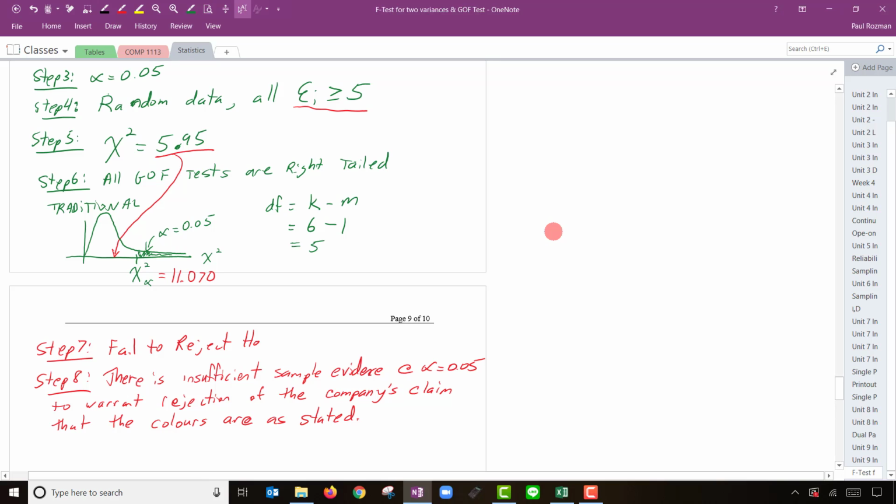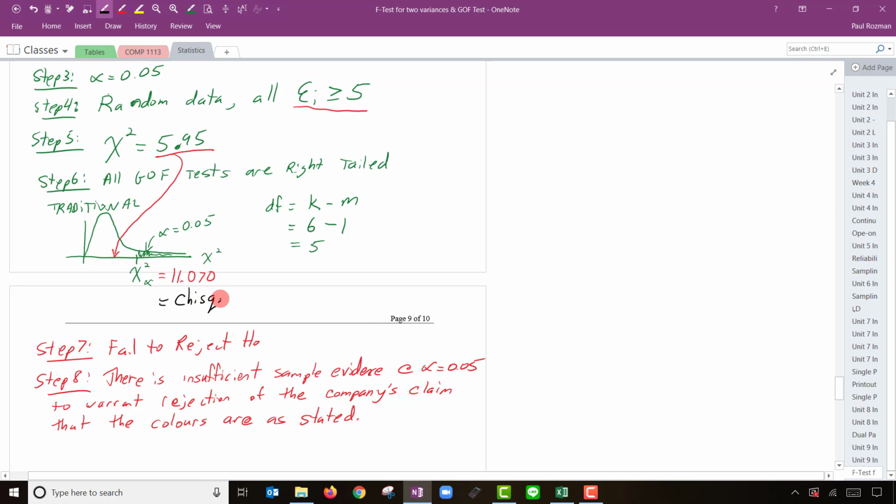If you don't like the chi-square table, of course, we could have gotten this value using the function in Excel. There's chi square. It's not chi dot square. It's chi sq.